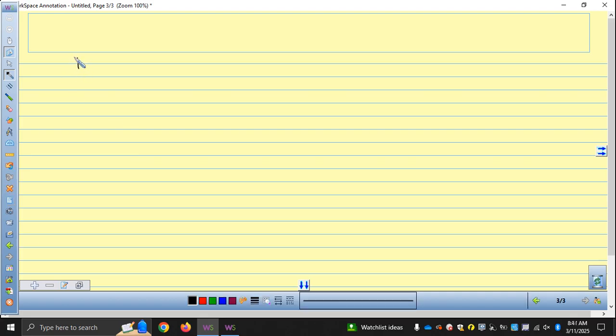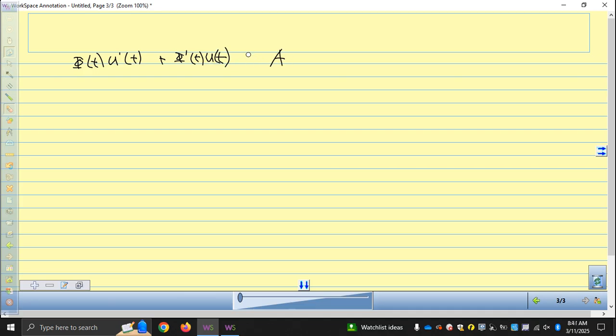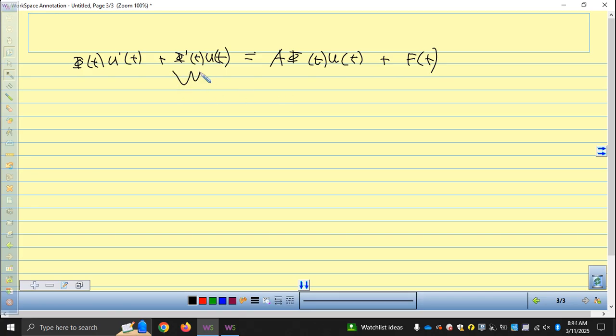So we get phi of t, u prime of t, plus phi prime of t, u of t, equals A times phi of t, u of t, plus f of t. Well, we said before that phi prime of t is A times phi of t.